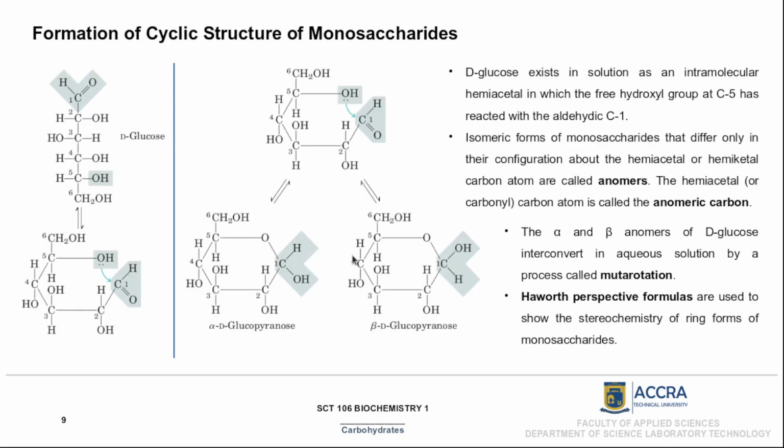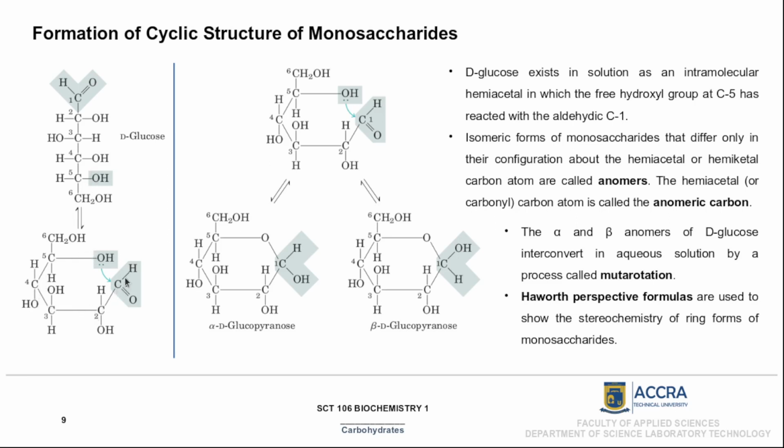Now, the reaction which we had just seen is now occurring intramolecularly in glucose, as we see. You take the aldehyde group here and the hydroxyl group on carbon number 5. Now, if you imagine that this open chain molecule of glucose is folded to have a 6-ring structure in this way.